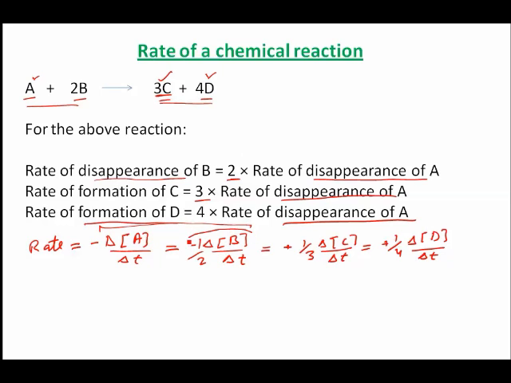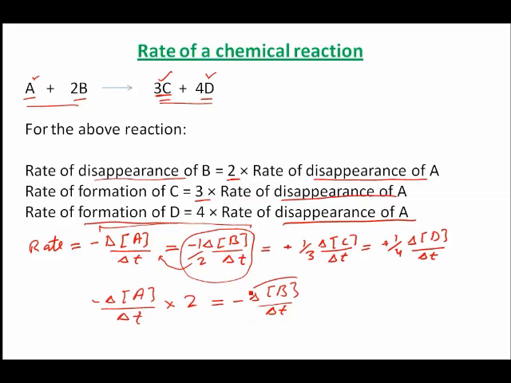This whole term here is the rate of a reaction in terms of B. So I can write it like this: minus change in concentration of A by delta T, if I take this 1 by 2 to the other side, it becomes 2 by 1, so just times 2, equals minus change in concentration of B by delta T.